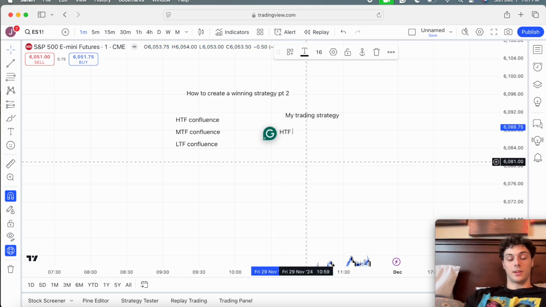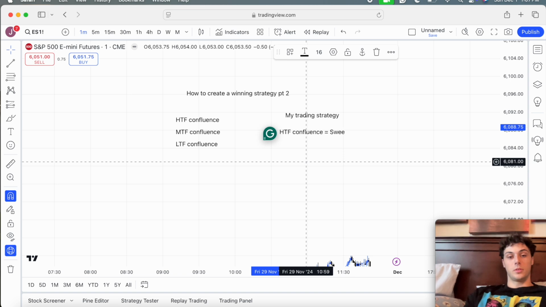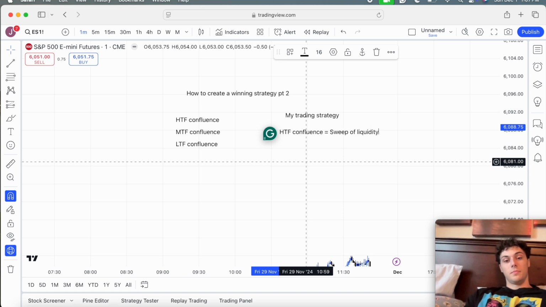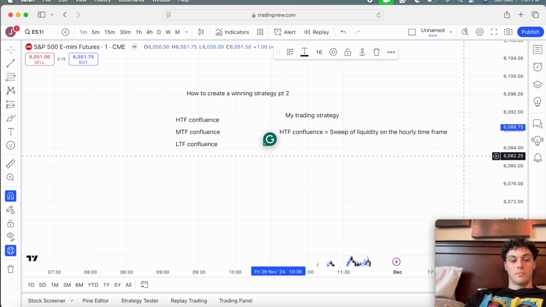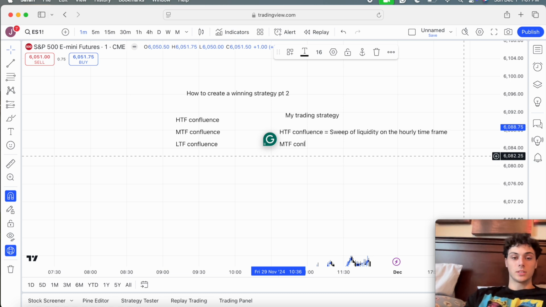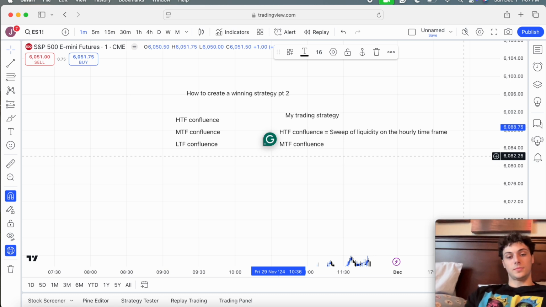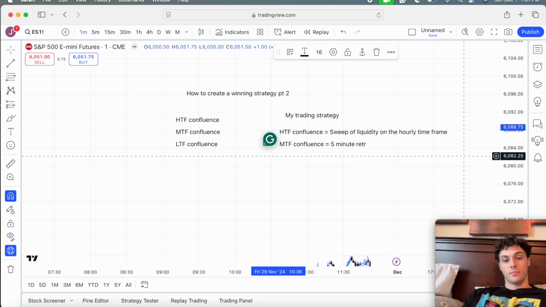My high time frame confluence equals sweep liquidity, the hourly time frame. Medium time frame confluence, 5-minute retrace.